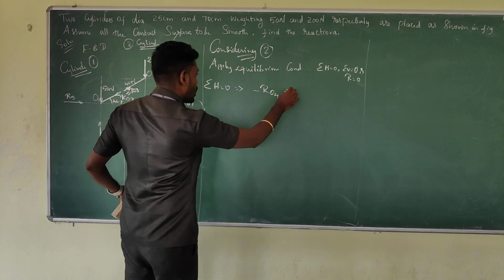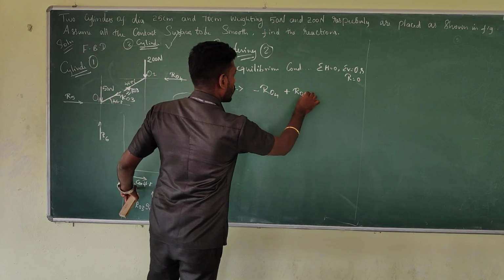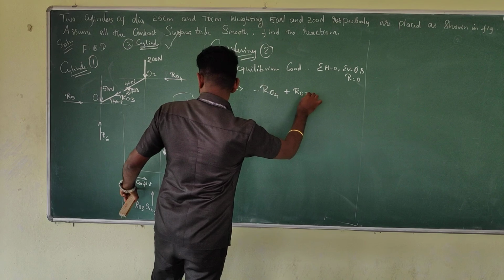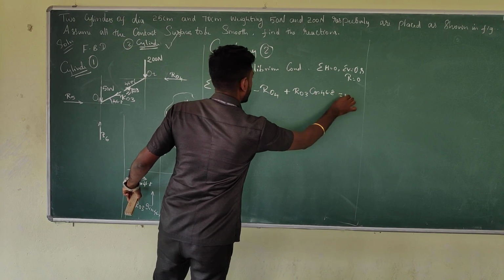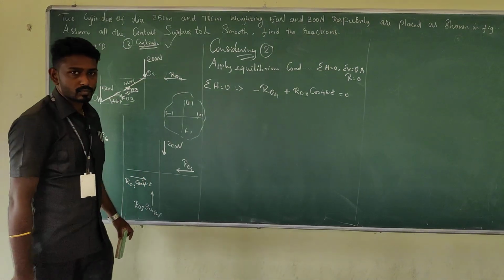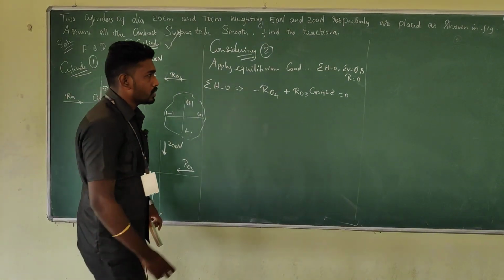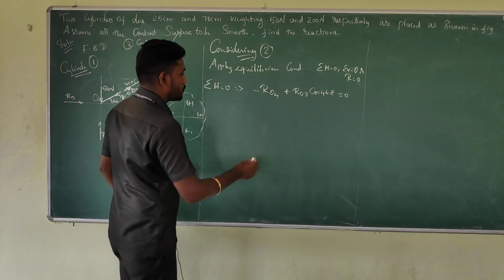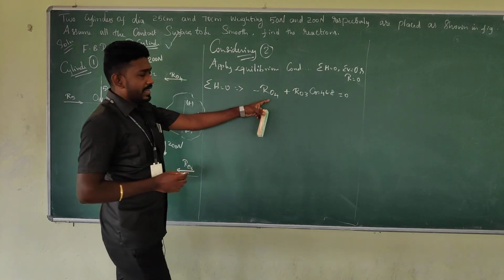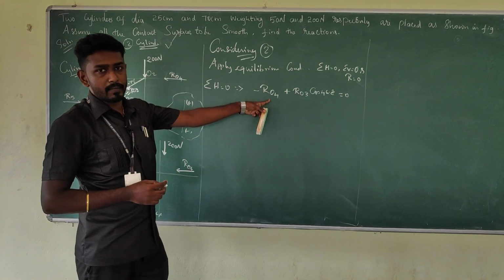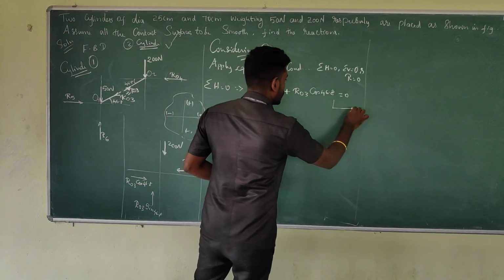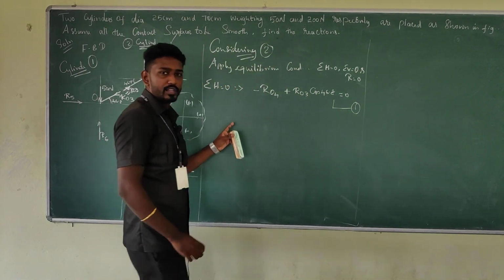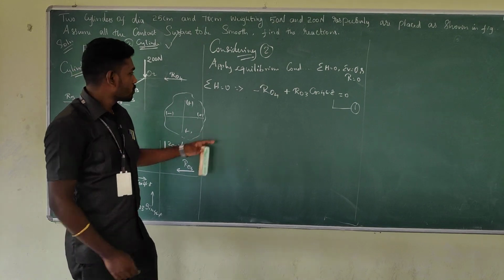So we can take minus RO4 plus RO3 cos 46.8 equal to 0, the equilibrium condition. Is there any way to simplify this equation? No, right? So we can just leave it, and I'm going to take this as equation number 1.